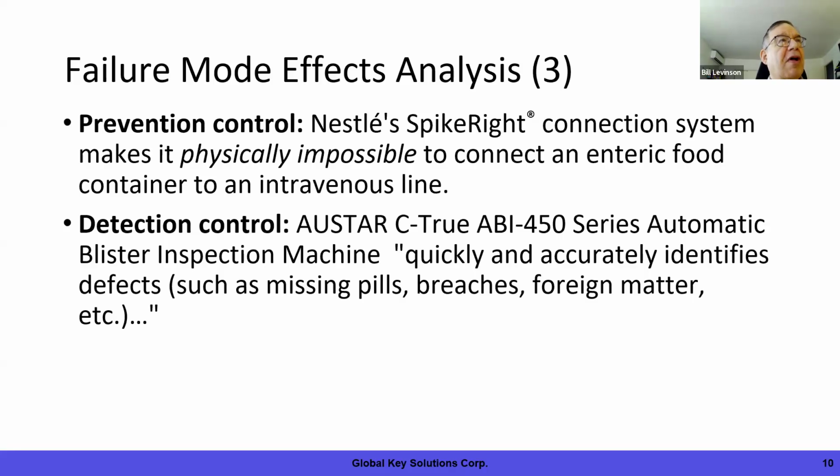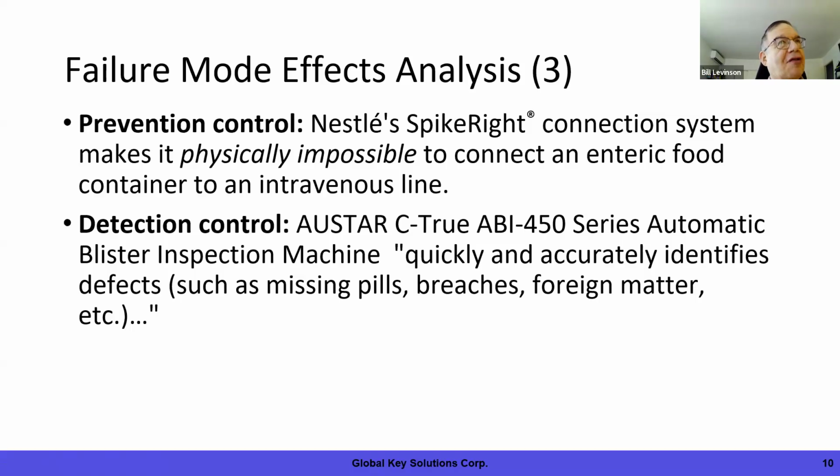Okay, example of prevention control: Nestle's Spike Right. There was an issue with nurses connecting enteric feeding systems to intravenous lines, which is of course likely to kill the patient, and telling people to be careful doesn't work, because if there's a 1 in 10,000 chance of doing the job wrong, and you do the job 10,000 times, there is a good chance that somebody is going to die as a result.